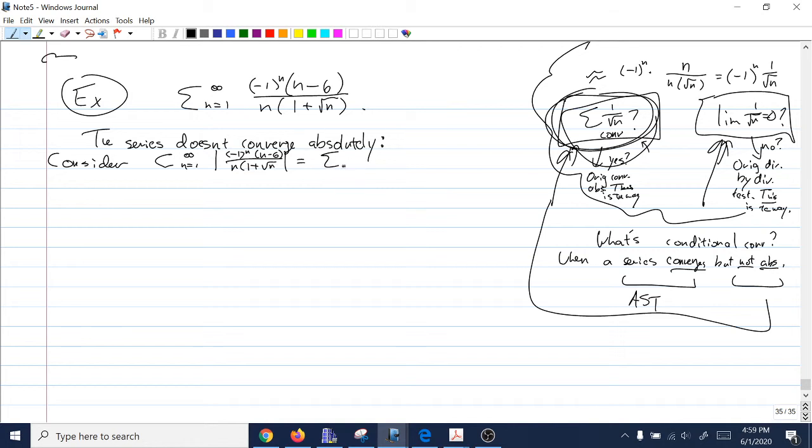What happens when I throw absolute values on it? I want to say all the absolute values do is get rid of the (-1)^n. Ooh, but it doesn't, because n minus 6 is sometimes negative. Dang. So I need to add a sentence accommodating that.